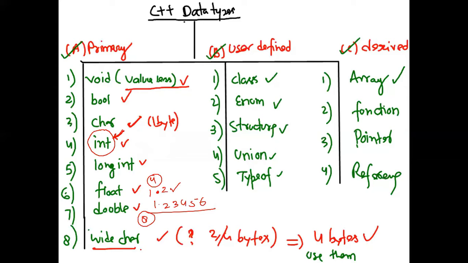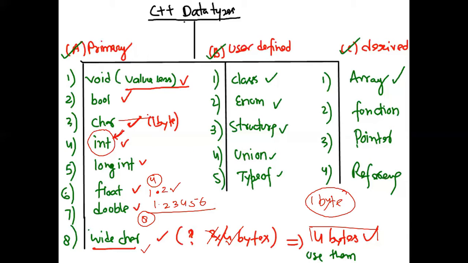We have also discussed the wide character. In my case, it is not 2 bytes, it is 4 bytes. 4 bytes means it can store different characters and special symbols which 1 byte was not enough to store. The character can store only 1 byte of data, as we discussed earlier.